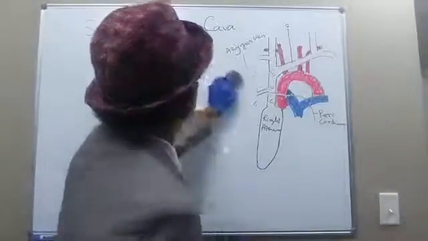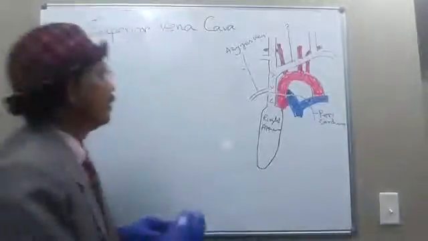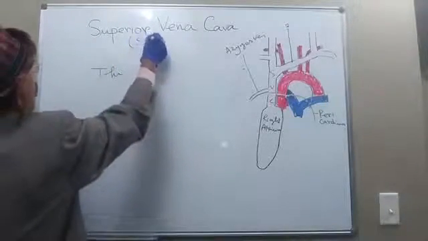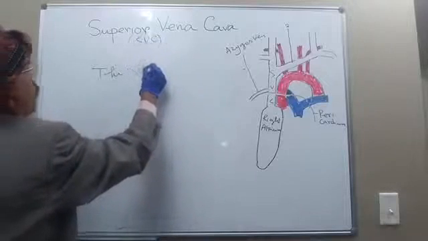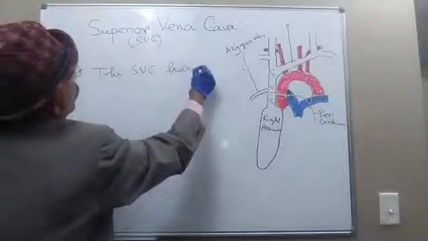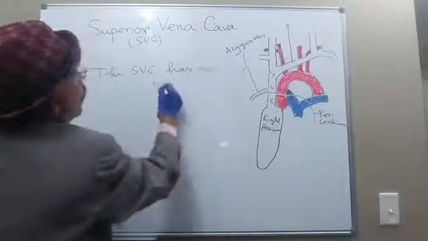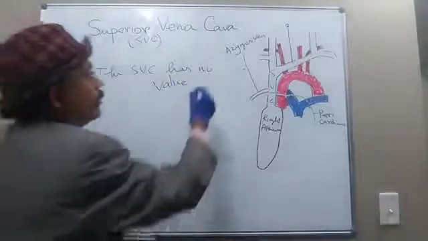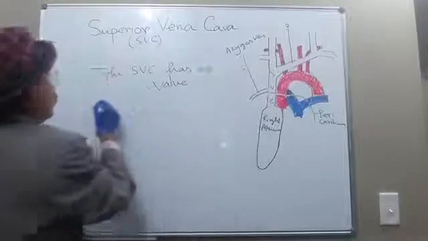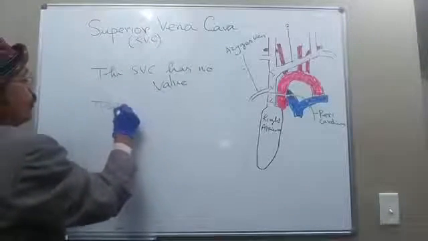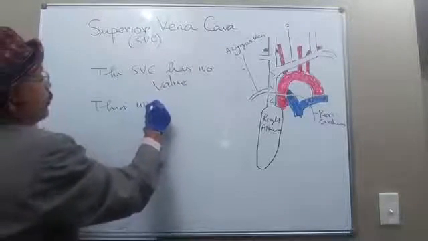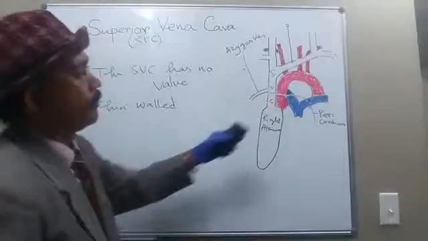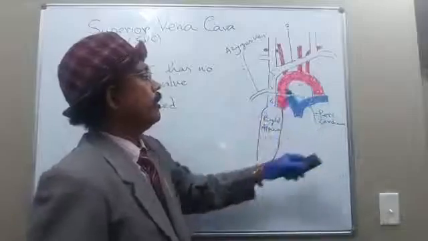What are the characteristics of the SVC? The superior vena cava has no valves. It is thin-walled in comparison to the artery or the ascending aorta.